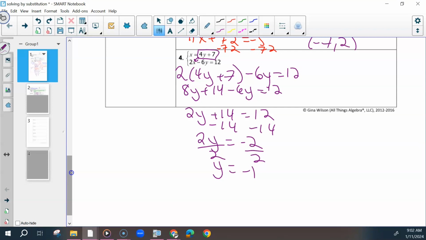Should get y equals negative 1. Go ahead and find x once you finish solving that. And these arrows that I'm drawing, you do not need to draw that, but if it helps you visualize where this is going, you can definitely do that.